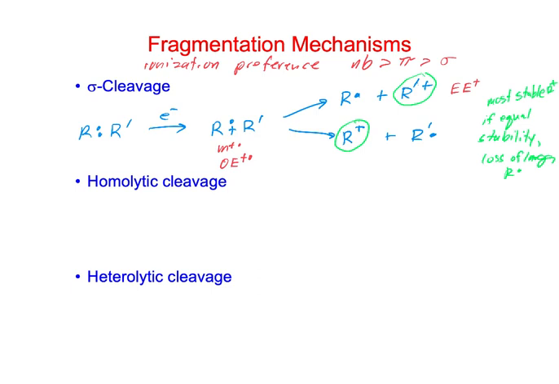All right. So the next one is called a homolytic cleavage. Based upon that name, homolytic is when we cleave a bond evenly. I guess we can draw these down here.